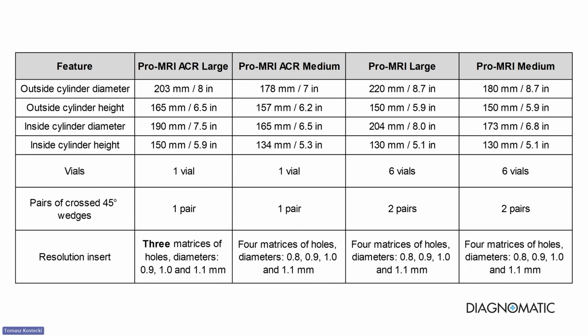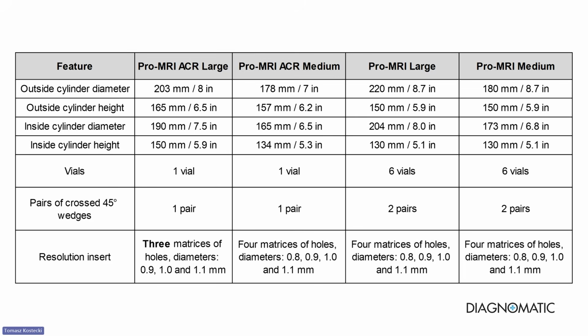So this table compares the 4 MRI phantoms available from Diagnomatic. The older Pro-MRI phantoms have a slightly different design, including more vials and additional wedge structures, but they can still be useful for routine quality control. The main difference is the diameter of the phantoms.